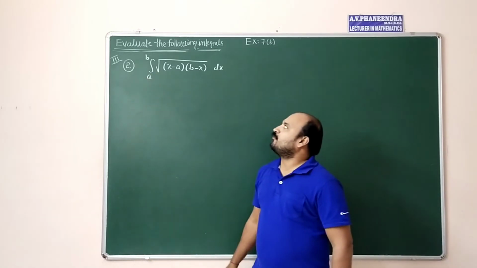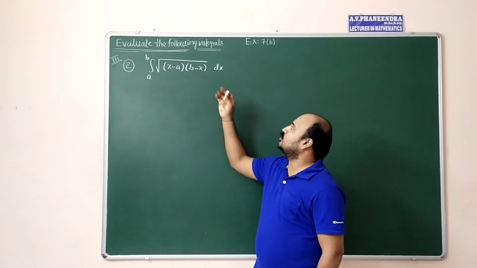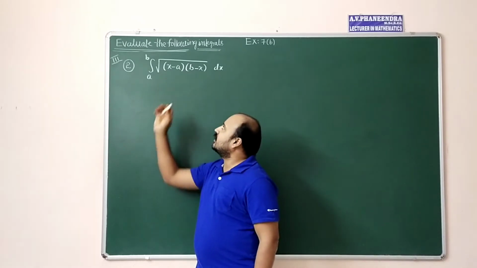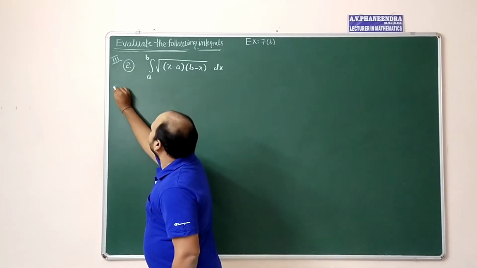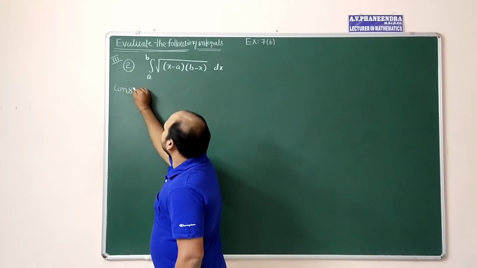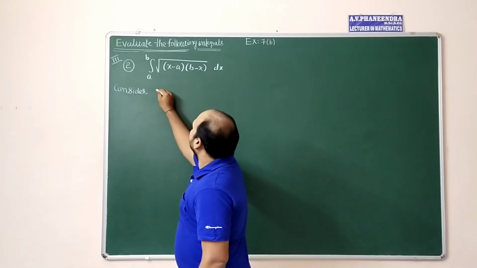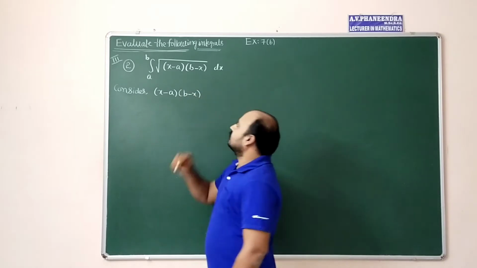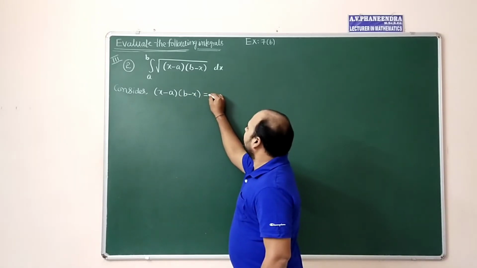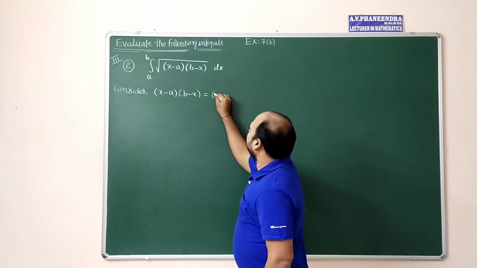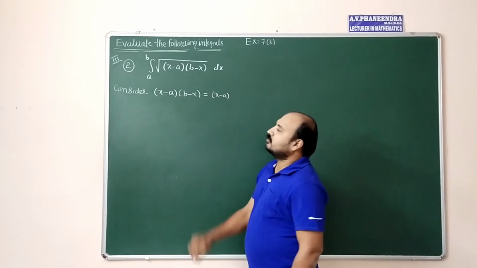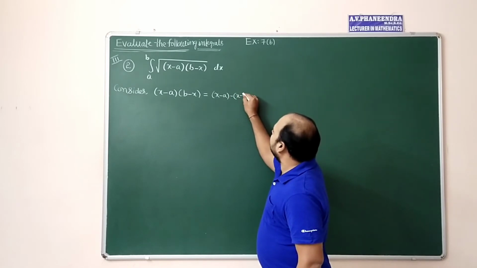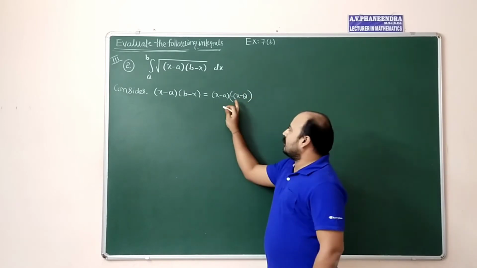Integral a to b square root of (x minus a) into (b minus x) dx. First you have to consider the quadratic expression here, x minus a into b minus x, which is equal to x minus a into, from these two, minus take common, minus of (x minus b), which is multiplying one, it is not minus.